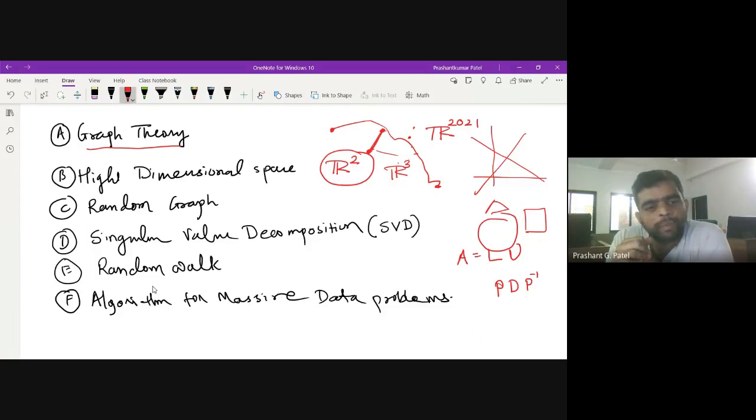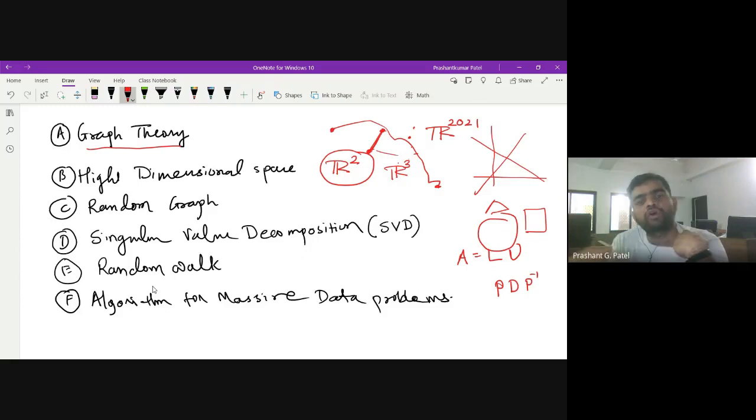And the next topic is random walk. Personally I believe that random walk does not deal with big data problems, but random walk is used for predicting some situations. For example, in a stock market, whether a share of some company will be high or low tomorrow.